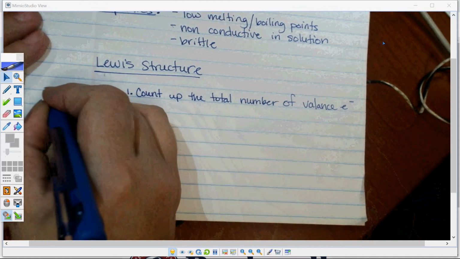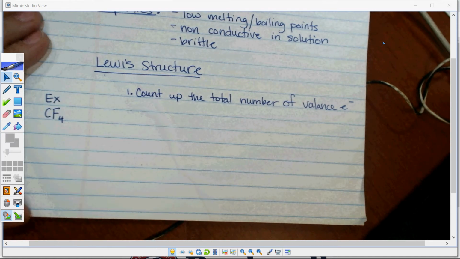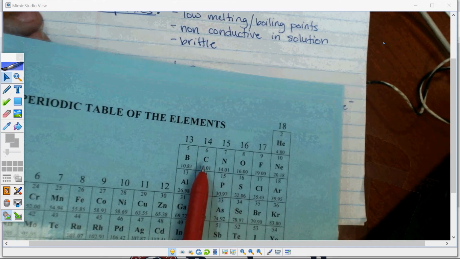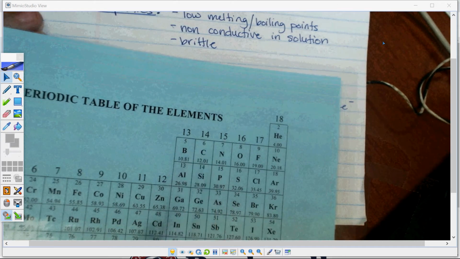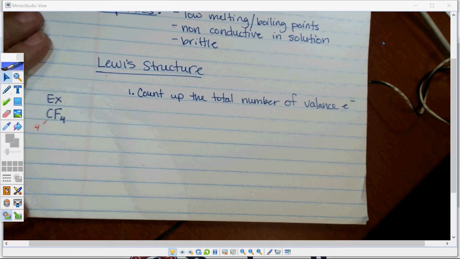Let our example be CF4. So for CF4, if I check my periodic table and I find carbon, carbon's in group 14, which means it has 4 valence electrons. So we got 4 valence electrons for carbon.